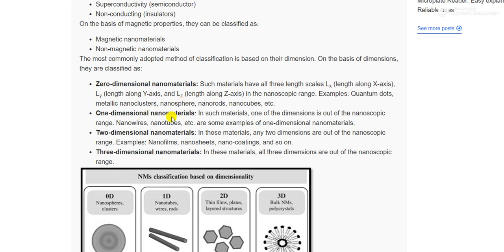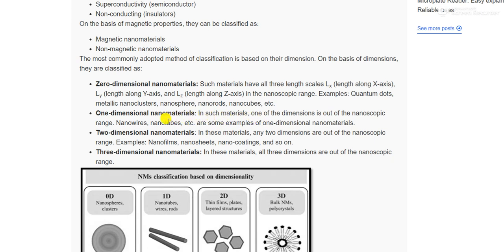Now in a 1 dimensional nanomaterial, one of the dimensions is out of the nanoscopic range. Among the 3, the other 2 dimensions will be inside the nanoscopic range, while the third dimension will be out of the nanoscopic range, that is, above 100 nanometer.